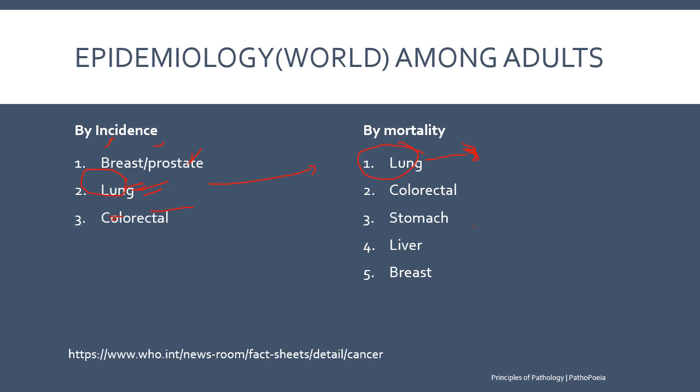This statistic is important and signifies that there's not much change in the survival rate of lung cancer, because there is no improvement in the screening methods. There are no new practical screening methods available, and hence lung cancer still remains the number one cause of death.